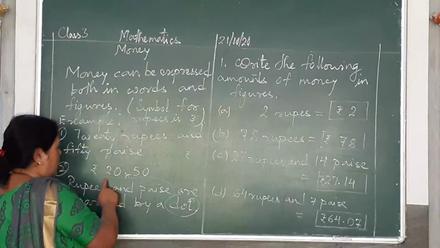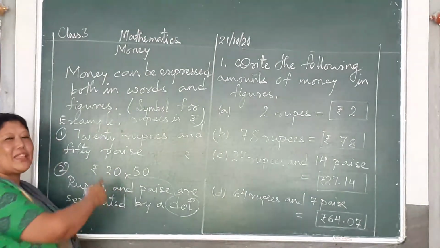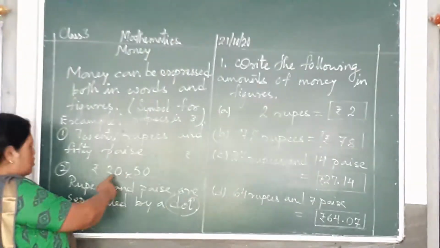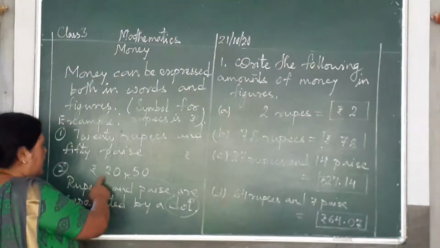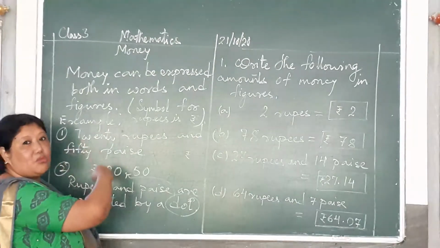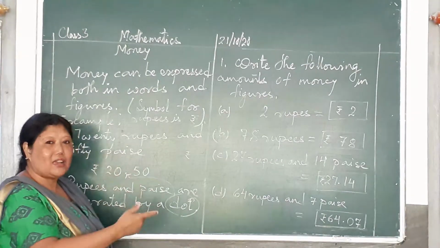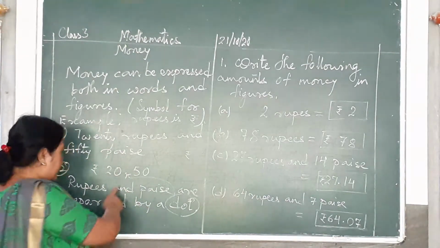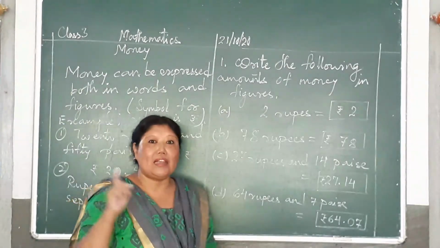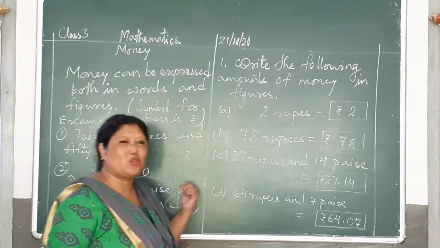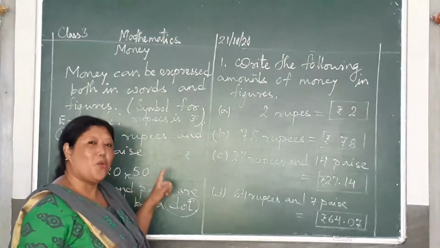And here it can be 1,000, lakh, so many figures this side, it can be like 1,220, but on this side only 2 places. I'll tell you the meaning of that also, okay? Why?